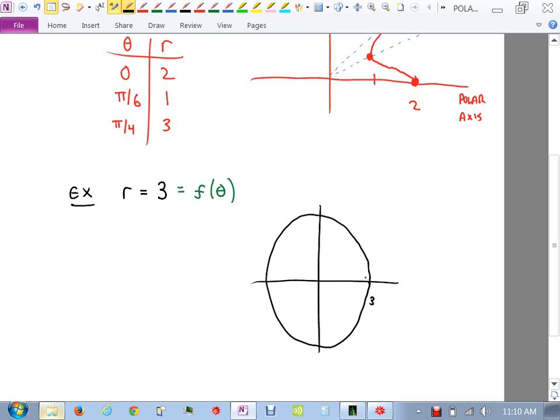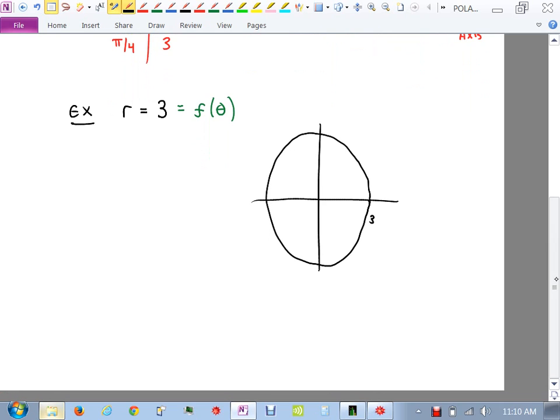All right, how about this one? Example: r equals 2 sine theta. R is 2 sine theta.